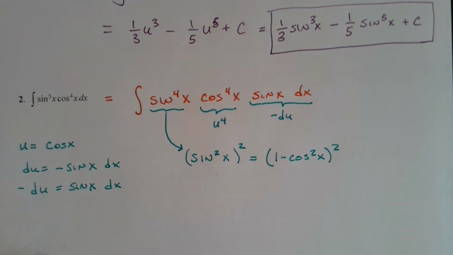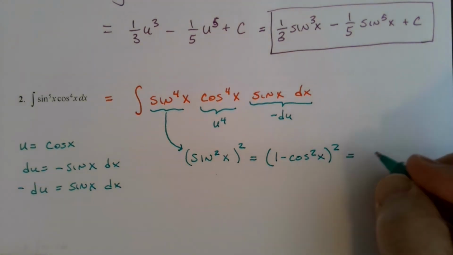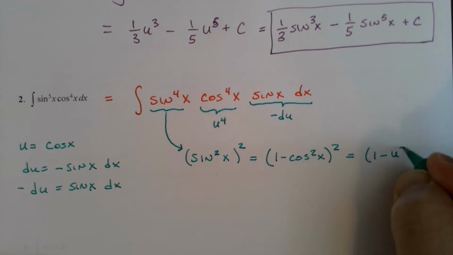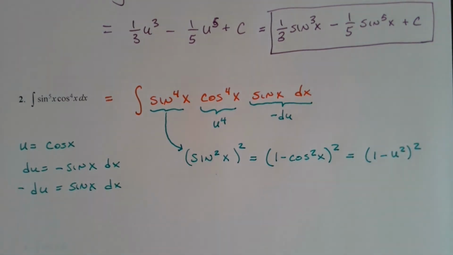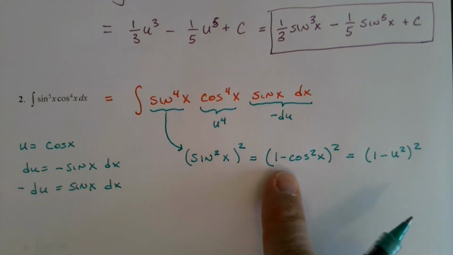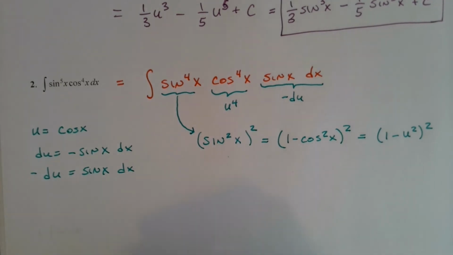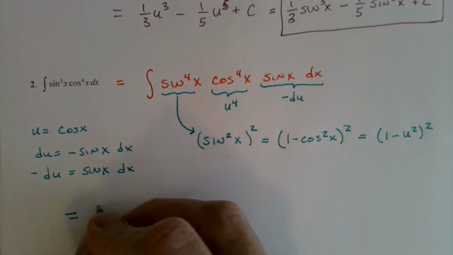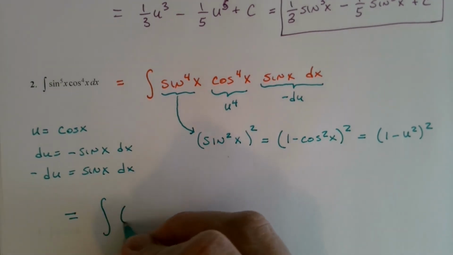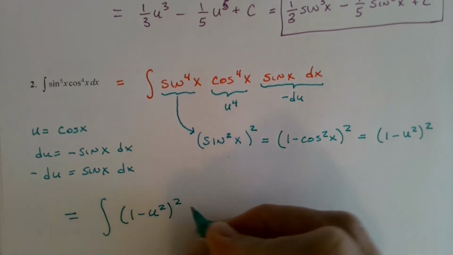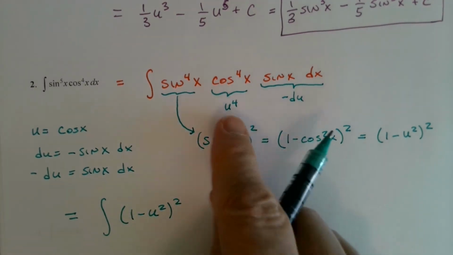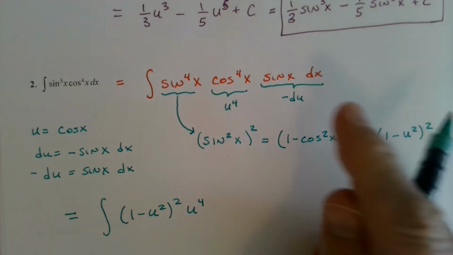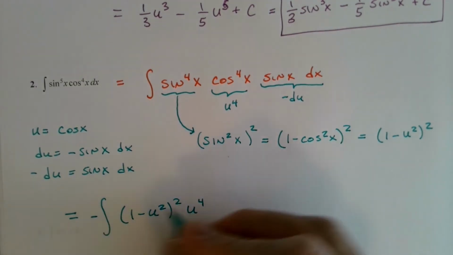And so this becomes 1 minus u squared, squared, because u is cosine of x. And so what does my integral become? 1 minus u squared squared, u to the fourth, and then minus du. I'll pull that minus sign out here.